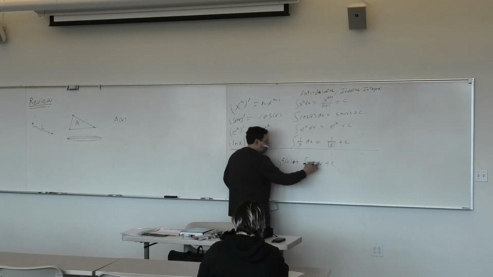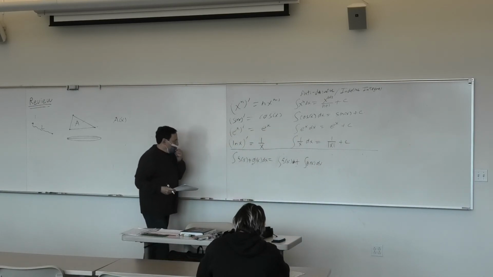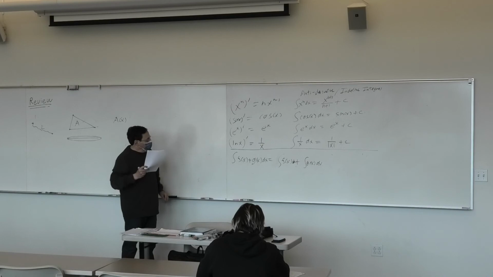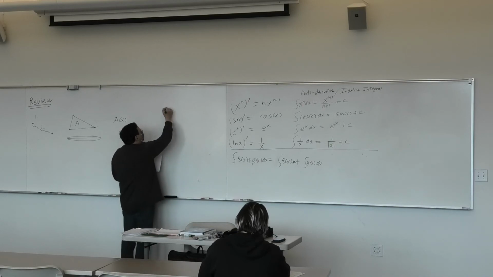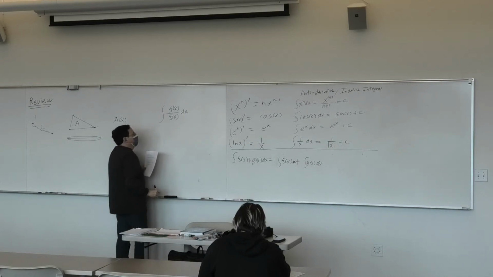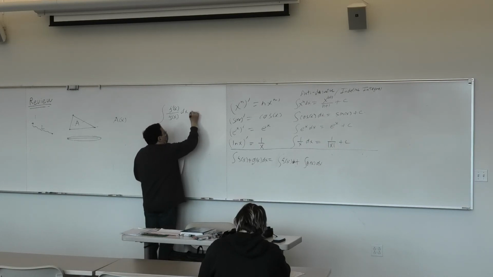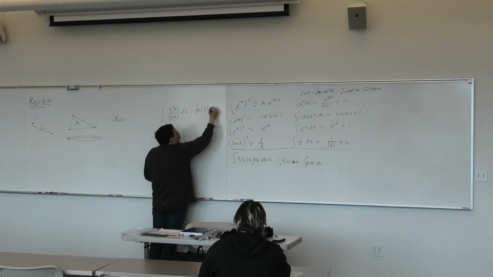Well, I don't really need a constant because that's implied here. The one really useful pattern to look for is that if you have the derivative of a function over the function, that can be the log of the function.